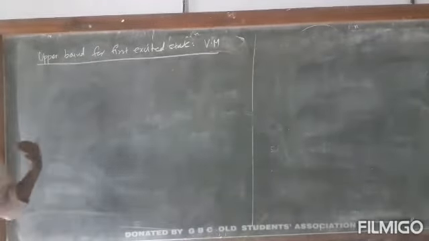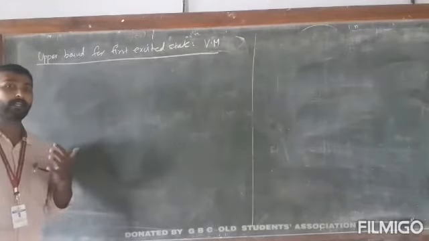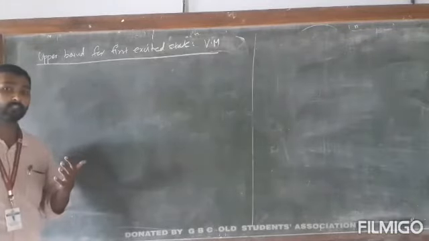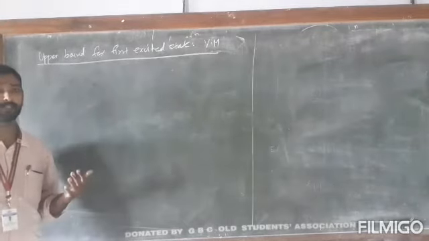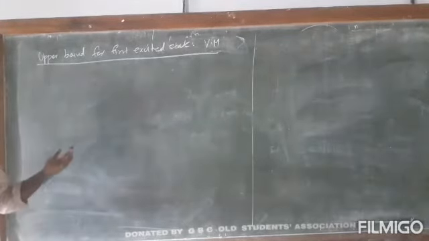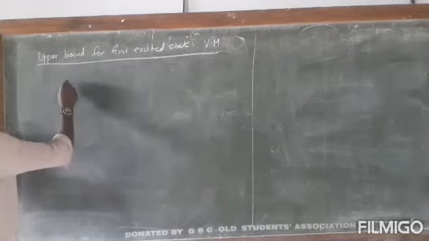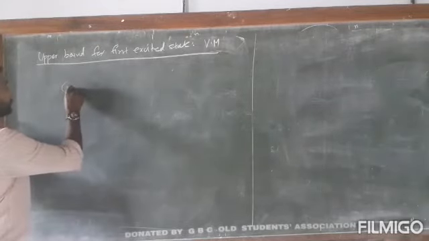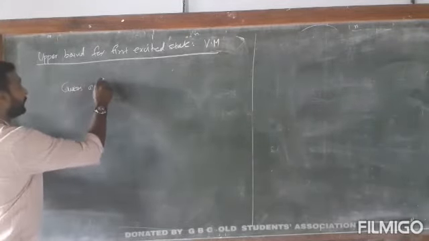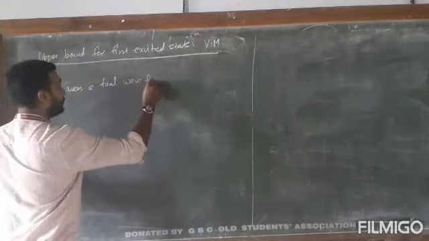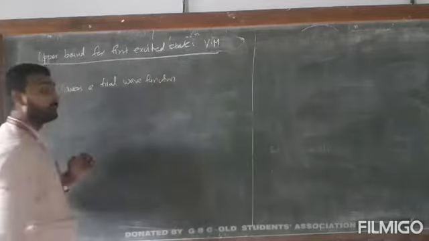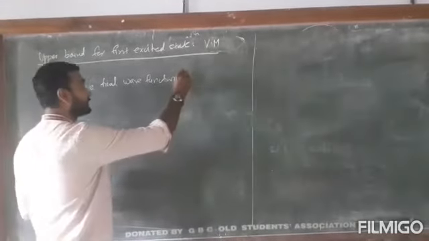In order to find the ground state, the first part we did was to assume a trial wave function. Similarly here also we will assume a trial wave function, which I can put as psi 1.